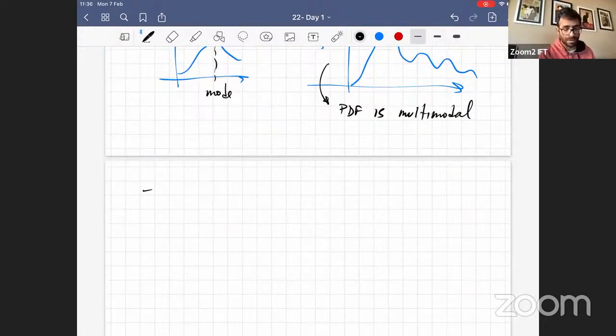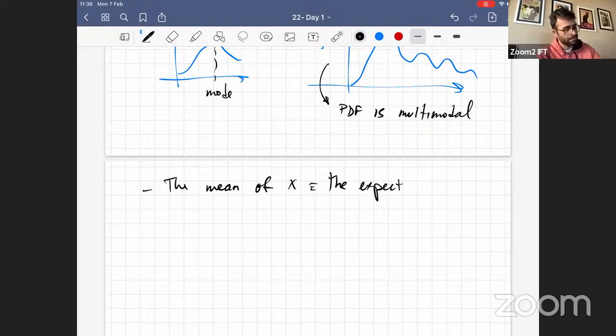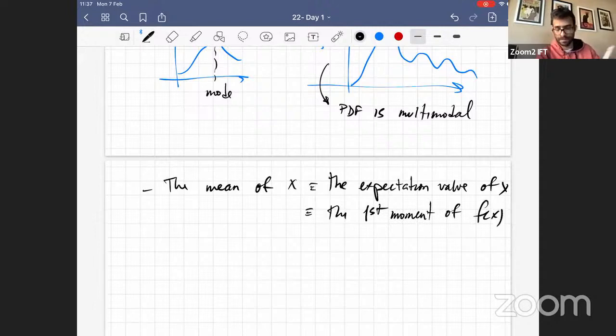And then a very, very useful property is the mean. So you have the mean of x, or it is the same to say the expectation value of x, or the first moment of f of x.